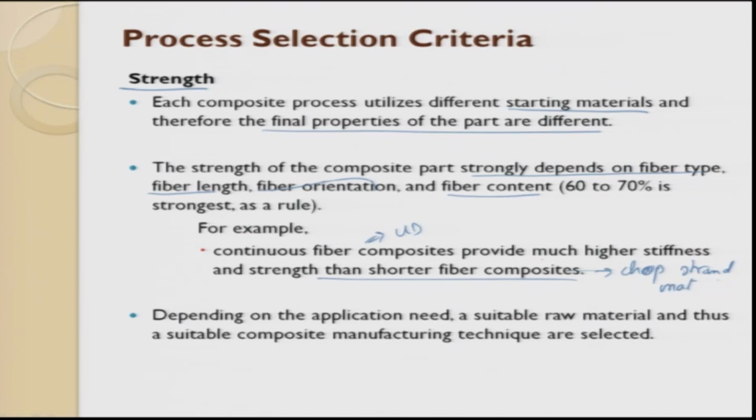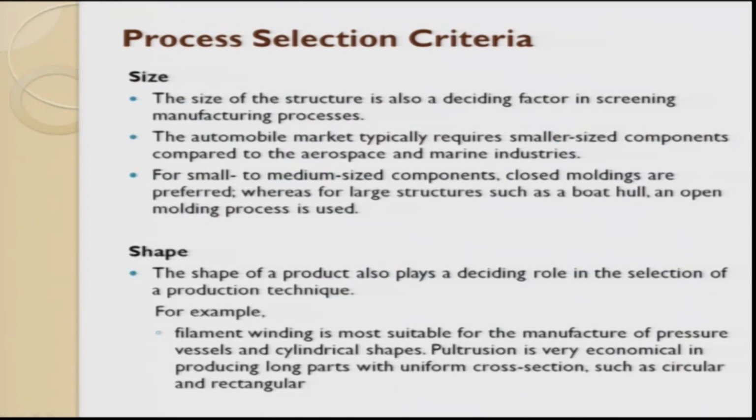Depending on the application needs, a suitable raw material and thus a suitable composite manufacturing technique are chosen. The size of the structure is also a deciding factor in screening the manufacturing process.